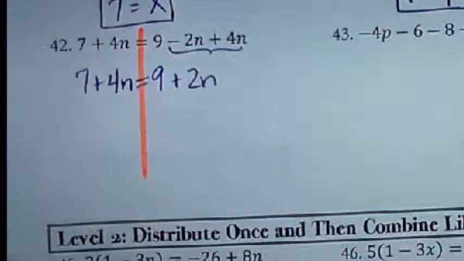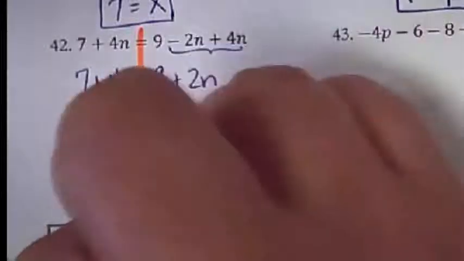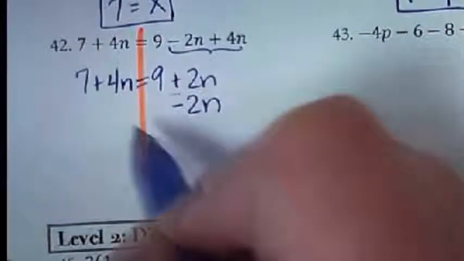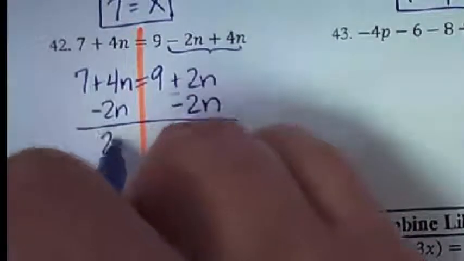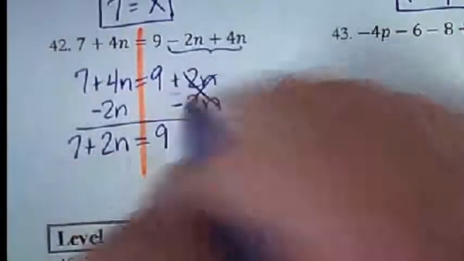Now, get your variables here, put your constants there, do the inverse operation just to keep things fair. So my variables I'm going to move to my left using inverse operations. I want this positive 2n to move, so I'm going to do negative 2n. So that gives me positive 2n, my 7 is still here, equals 9, and here these cancel.